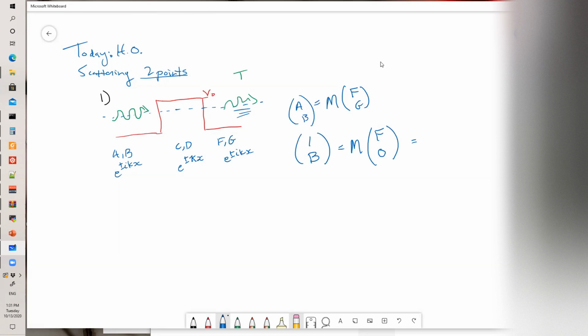And if you work out what this vector is, if you write this out in components, you would get that this is the M11 component multiplied by F, and this is the M21 component multiplied by F. So this equation up here tells you that F, which is the transmitted amplitude of the scattered portion, the portion of the wave that makes it through the barrier, is equal to 1 over M11.